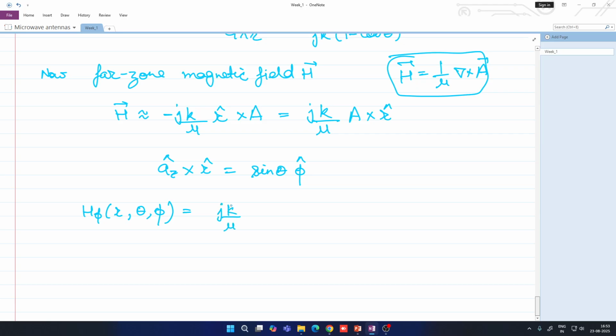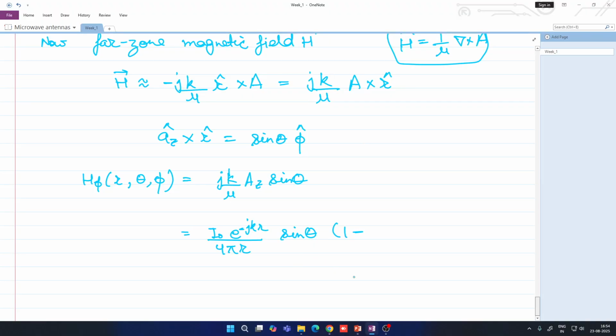H phi is jk by mu Az sin theta, which equals I naught e to the power minus jkr divided by 4 pi r sin theta into, because we know what Az is, so I am substituting the Az value from the previous calculation, 1 minus e to the power minus jkL into (1 minus cos theta) divided by 1 minus cos theta.